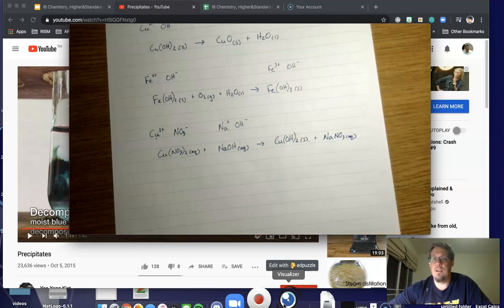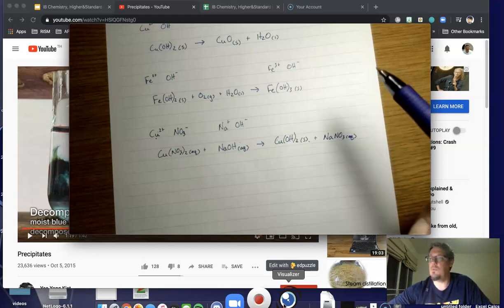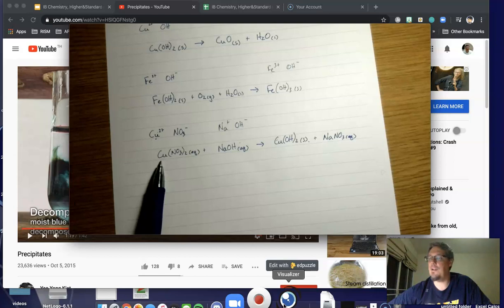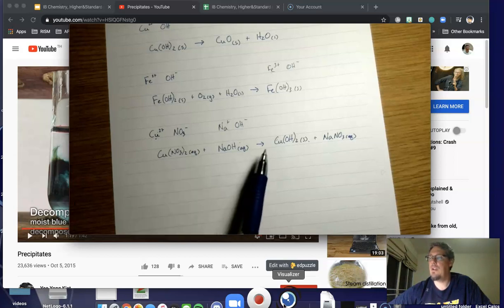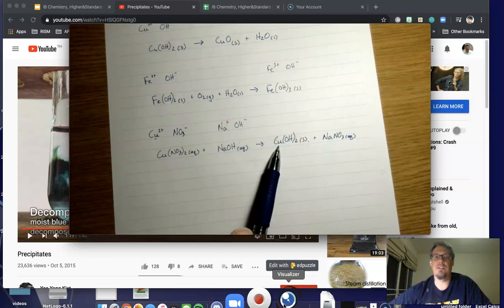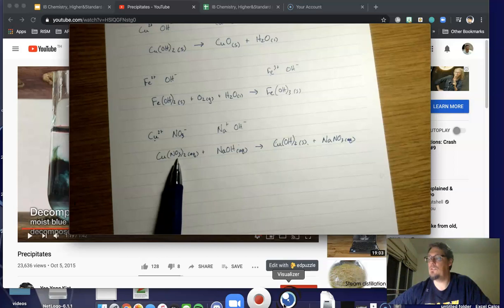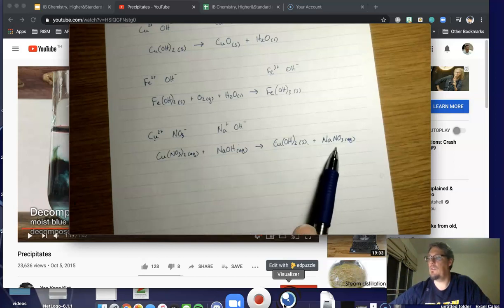All right. Next step is to balance here. We always need to balance our equations. The ones up above here are already balanced. This one is not. So we can balance this by inspection simply by looking at the elements that we have on one side of the arrow and making sure they match the number and type of elements we have on the other side of the arrow. So 1 copper, 2 nitrates, only 1 nitrate.